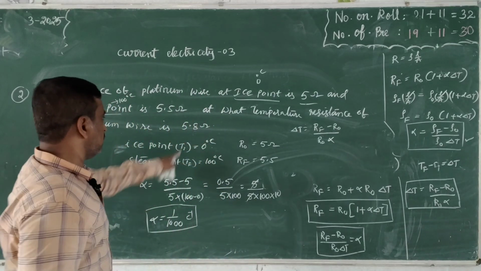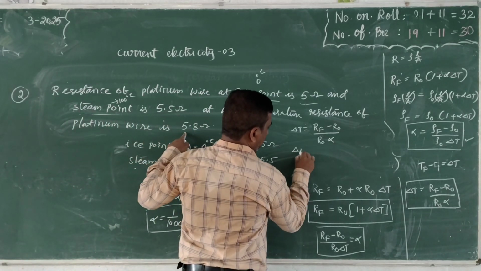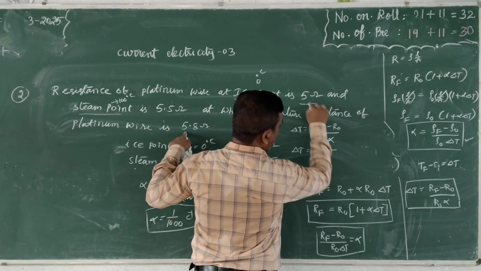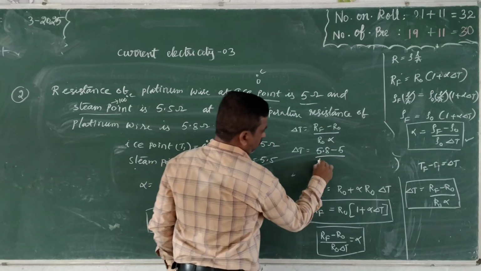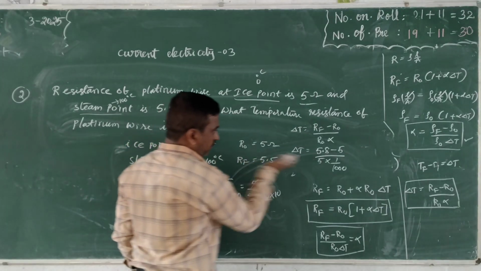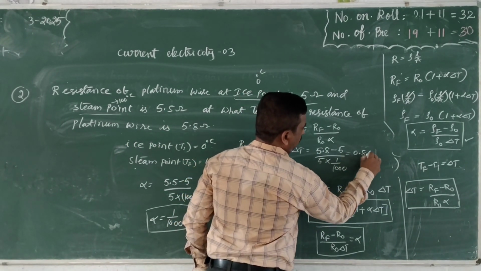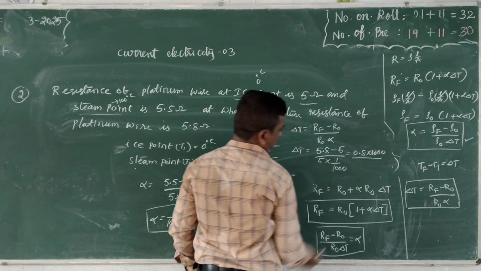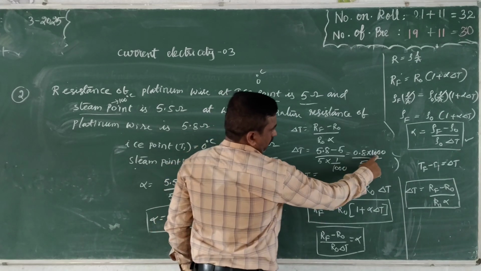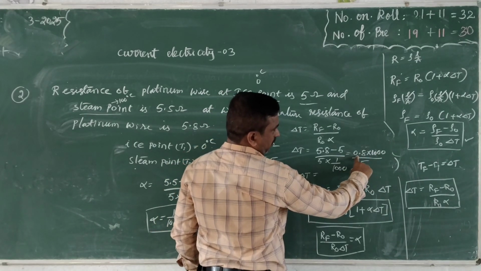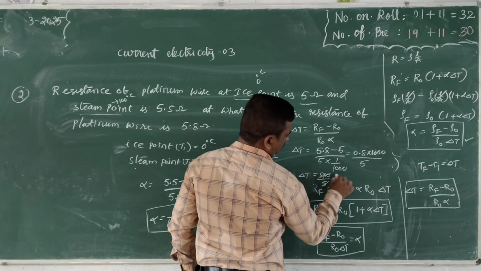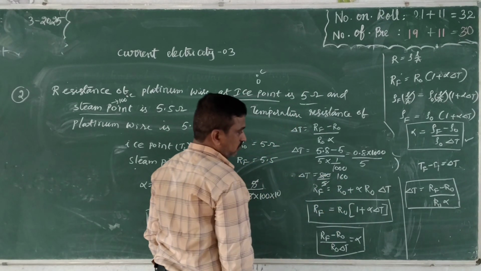Delta T equals 5.8 minus 5, divided by 5 into 1 by 1000, the alpha value we found. The numerator becomes 0.8 into 1000 by 5. So delta T equals 800 by 5, which is 160.